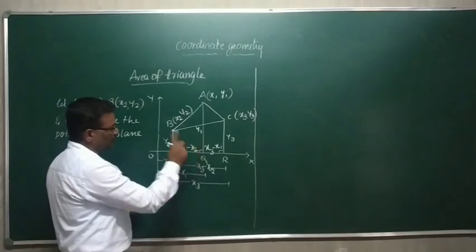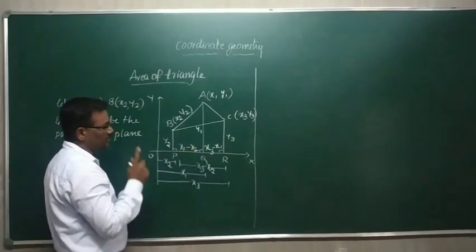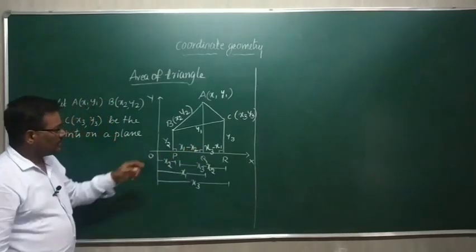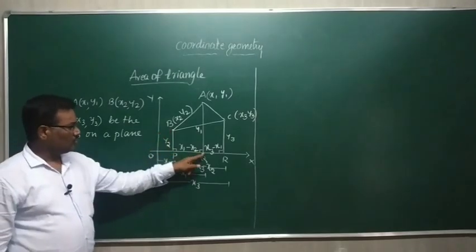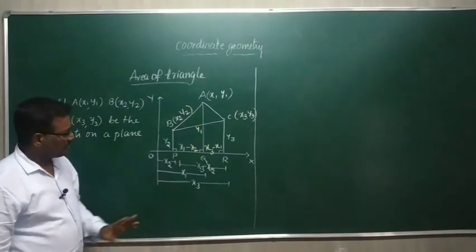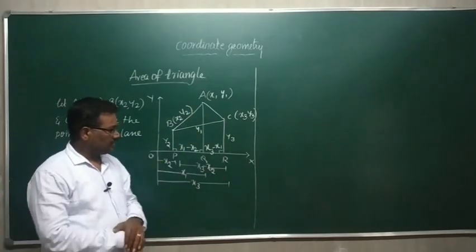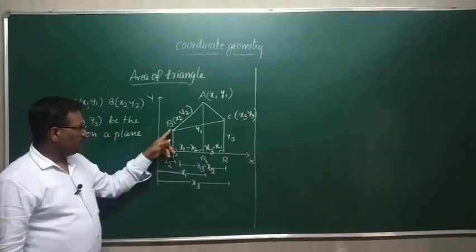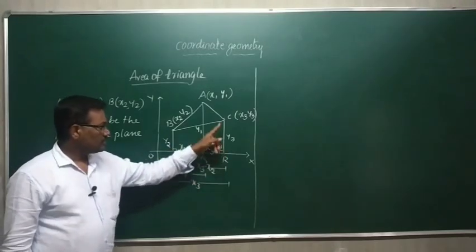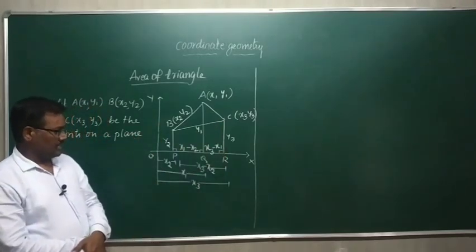One pair of opposite sides are parallel, then it is a trapezium. BPQA, one trapezium. AQRC, another trapezium. And BPRC, one more trapezium we have.